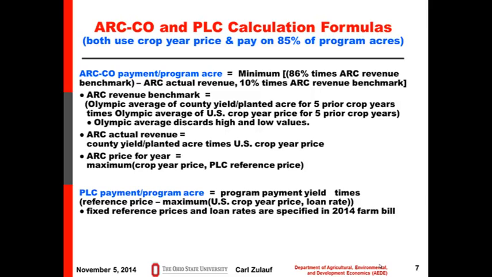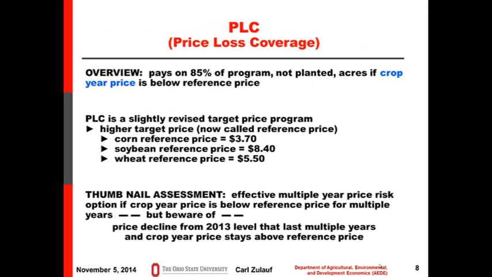And that the reference prices and the loan rates, which both factor into the calculation, have been fixed by Congress for the length of the Farm Bill. So, these are the calculation formulas to keep in mind. Moving along to the implications of these calculation formulas for the management of risk themselves.